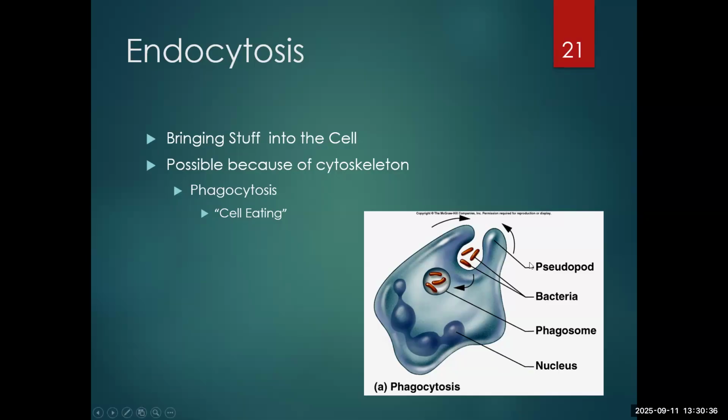The major example is white blood cells that are able to change their shape and encircle bacteria and bring them into themselves, and then they digest the bacteria and get rid of them. This is a major way that your body protects you from infectious disease.